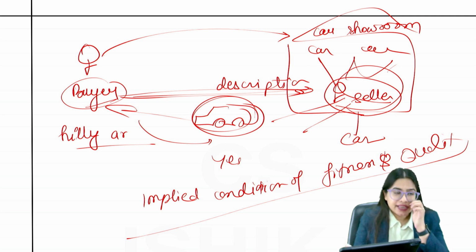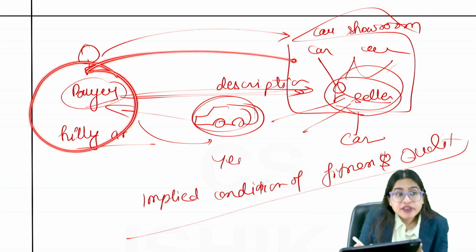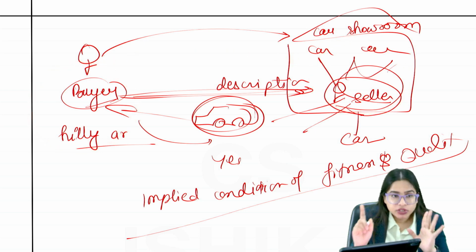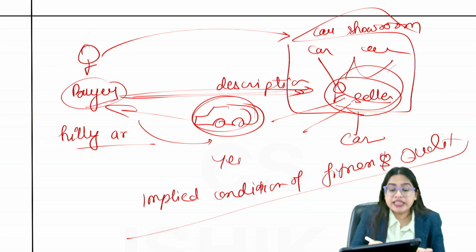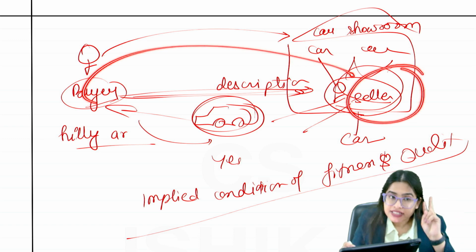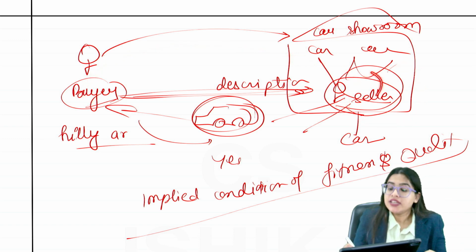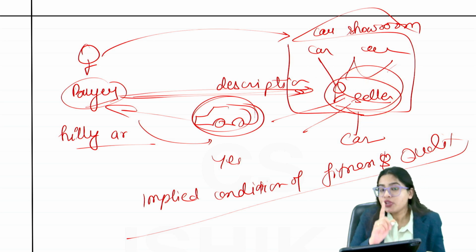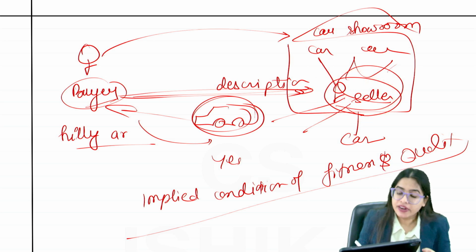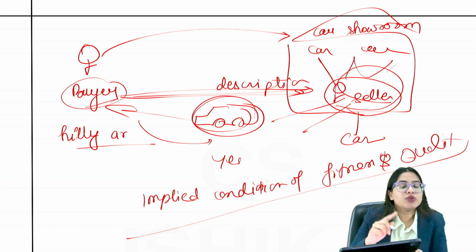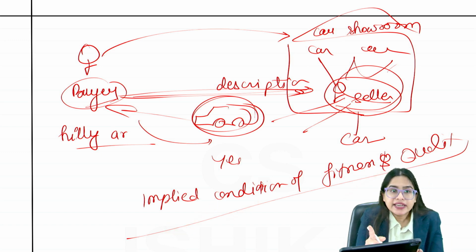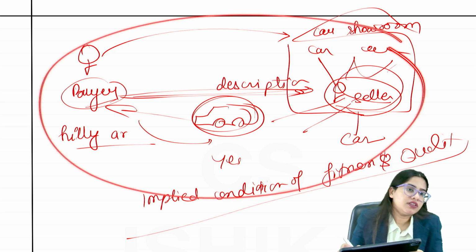Why? Because here the buyer has specifically described the product to the seller. Secondly, he completely relied on the seller's skill and judgment. Third, the seller regularly deals in cars. So if these three conditions are satisfied, then the implied condition of fitness and quality will apply, and in that case you can get the refund.